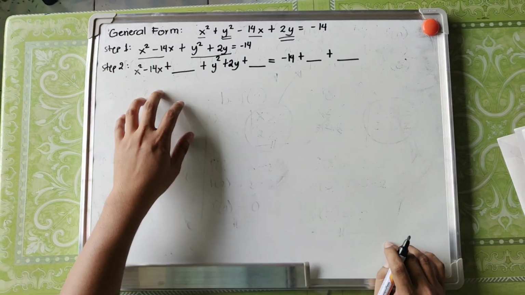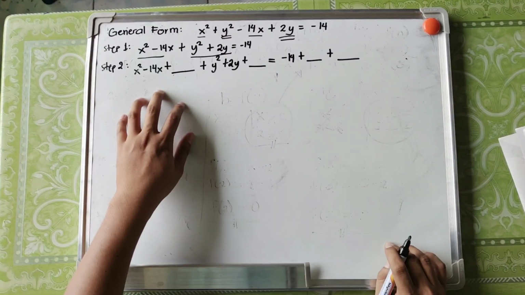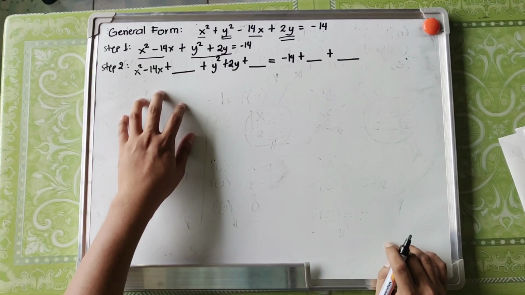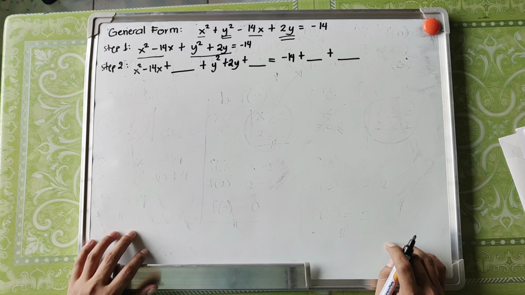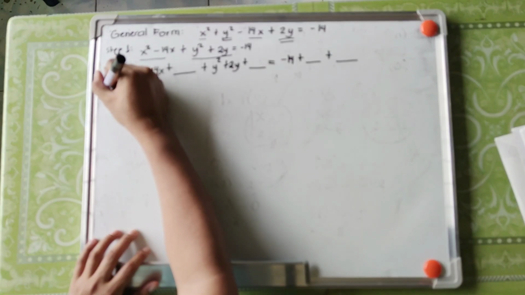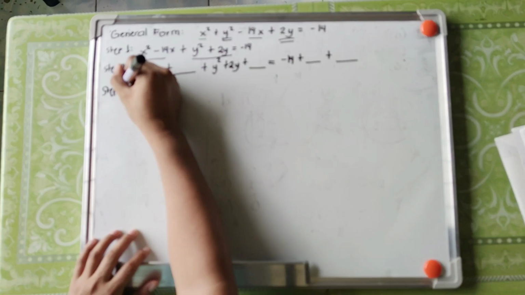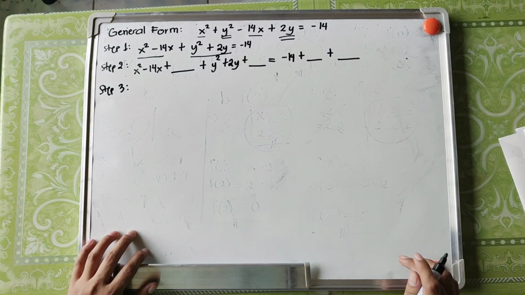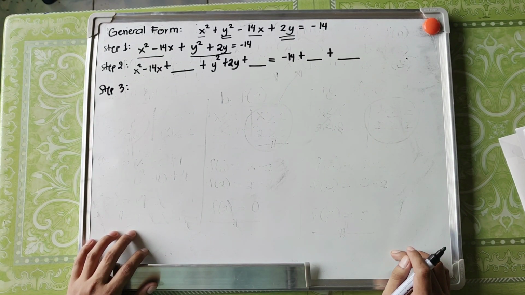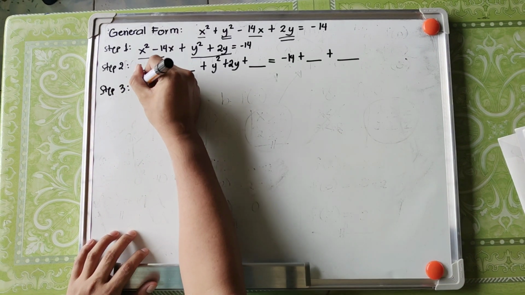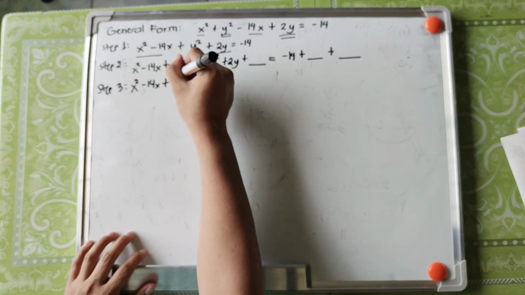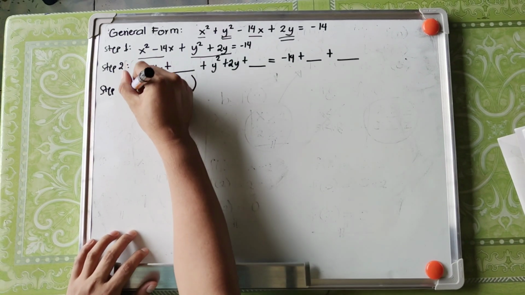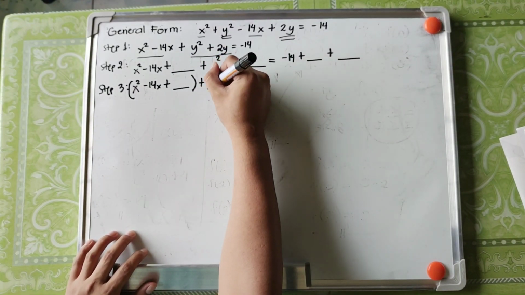Pag may in-add ka sa left, kung ano ginawa mo sa left, yun din ang gagawin mo sa right side of the equation. So, let's proceed to step 3. In step 3, we have to make it again into a perfect square trinomial. So, x squared minus 14x plus blank. They are just the same, so don't be confused.